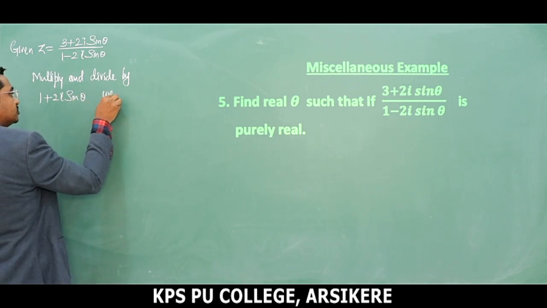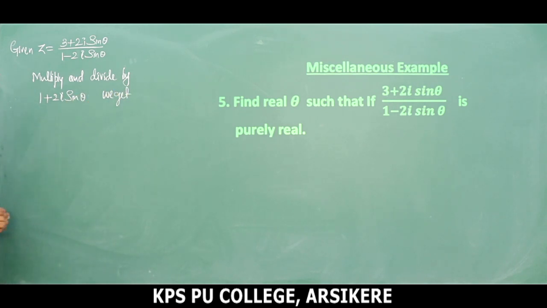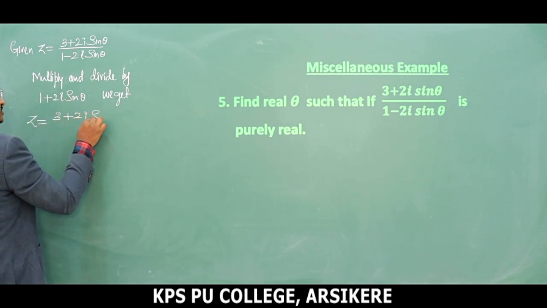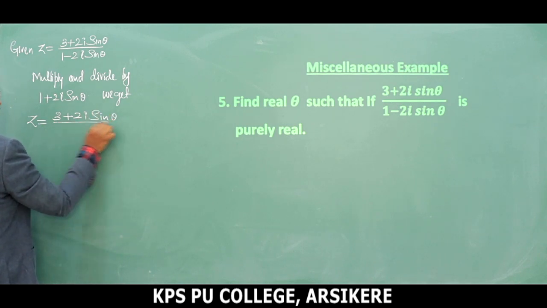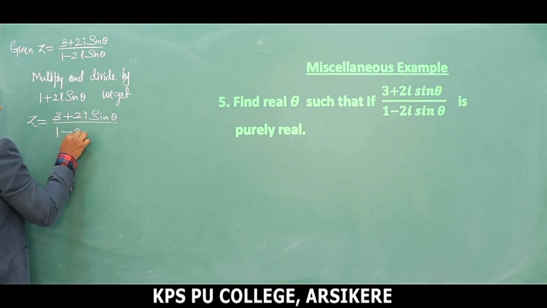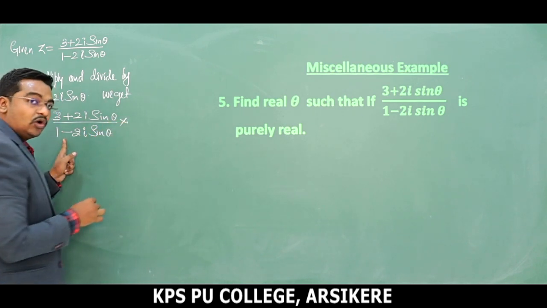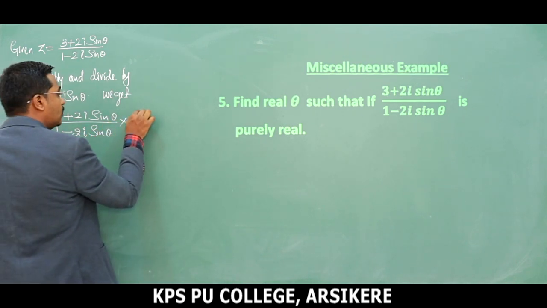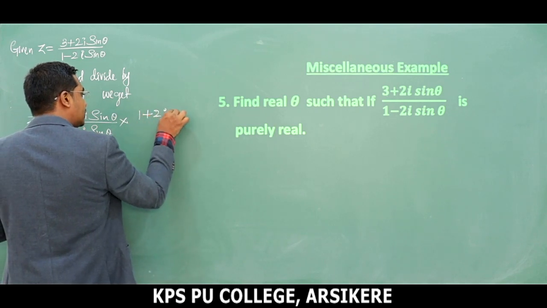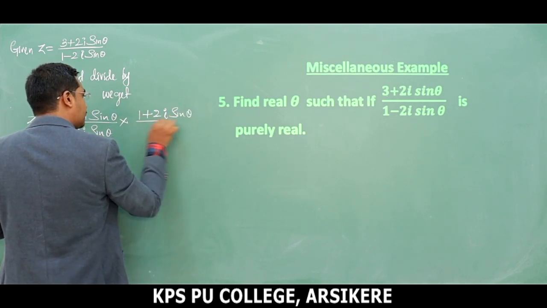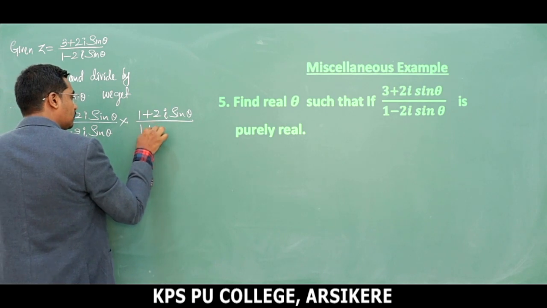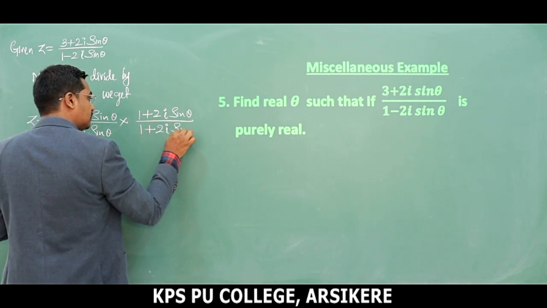We get that is the conjugate of the denominator. z is equal to (3 plus 2i sin theta) divided by (1 minus 2i sin theta), multiplied and divided by the conjugate of the denominator, (1 plus 2i sin theta) divided by (1 plus 2i sin theta).